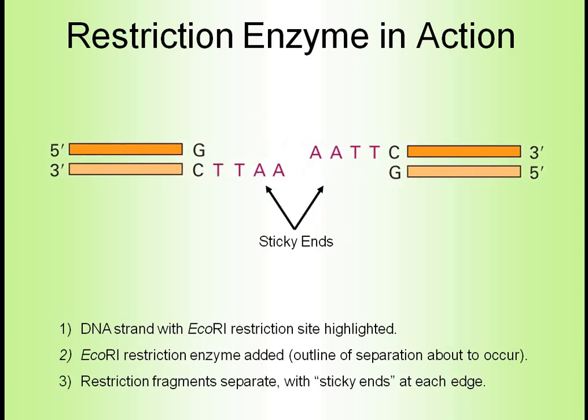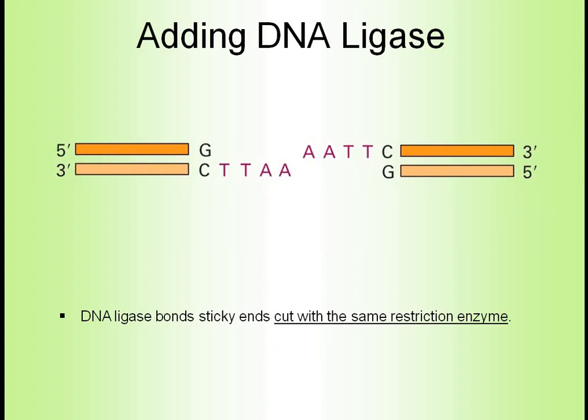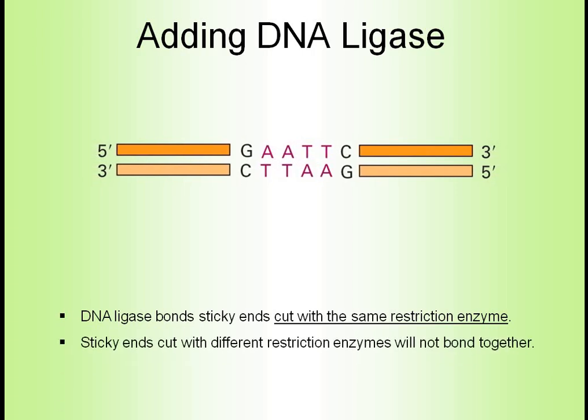It will cut the DNA, which results in sticky ends. Then DNA ligase, whose function is to join the sticky ends, will join this cut DNA. So this demonstrates the functioning of DNA ligase and restriction enzymes.